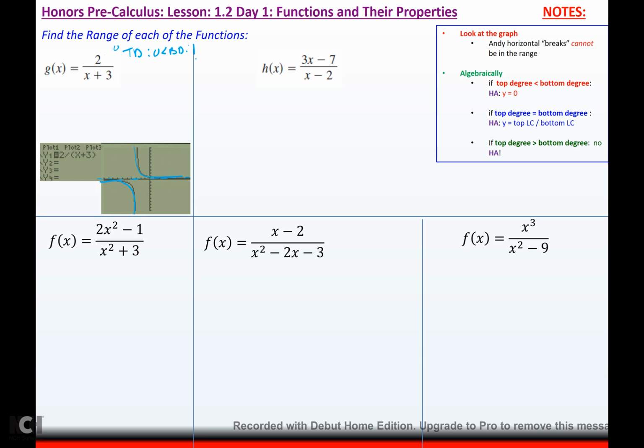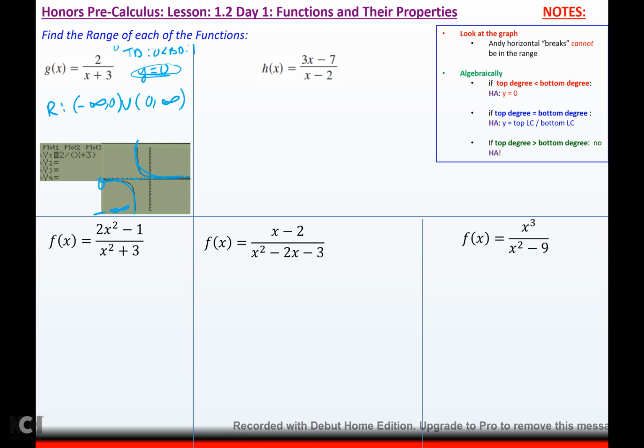When the top degree is smaller than the bottom degree, your horizontal asymptote is y equals 0, which means it won't graph there, which means I have to jump over that, which means my range goes from negative infinity to 0, union, and then it's going to start again at 0 and go to positive infinity.